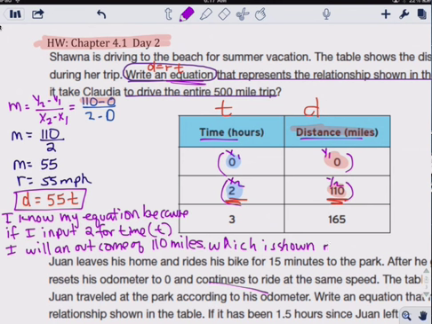I'm not sure my grammar's right. In the table. Well, whatever, you guys know, right?